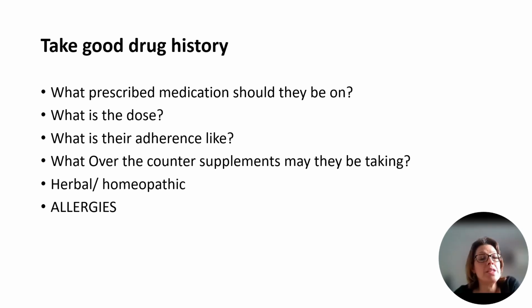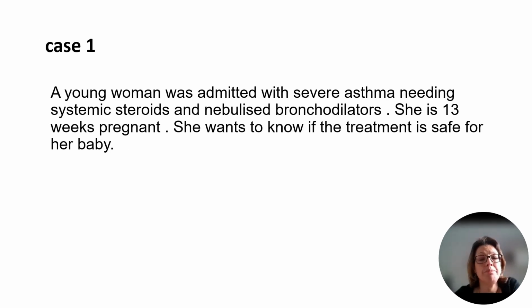Talking about adherence, lots of women, as you know more than me, will stop their medication regardless of how severe their disease may be, for fear of harming their unborn baby. It's also important to take account of over-the-counter medication, any herbal or homeopathic medication, and of course drug allergy.